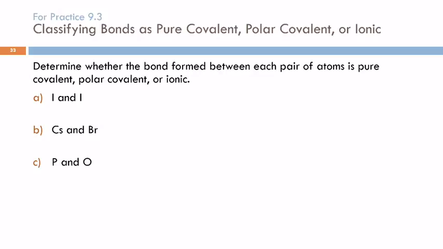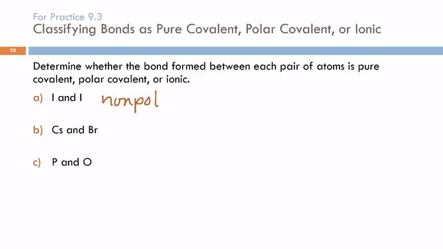This is the sort of question that you should be able to answer on an exam. Determine whether the bond formed between each pair of atoms is pure covalent, polar covalent, or ionic. So, iodine and iodine: nonpolar or pure covalent.